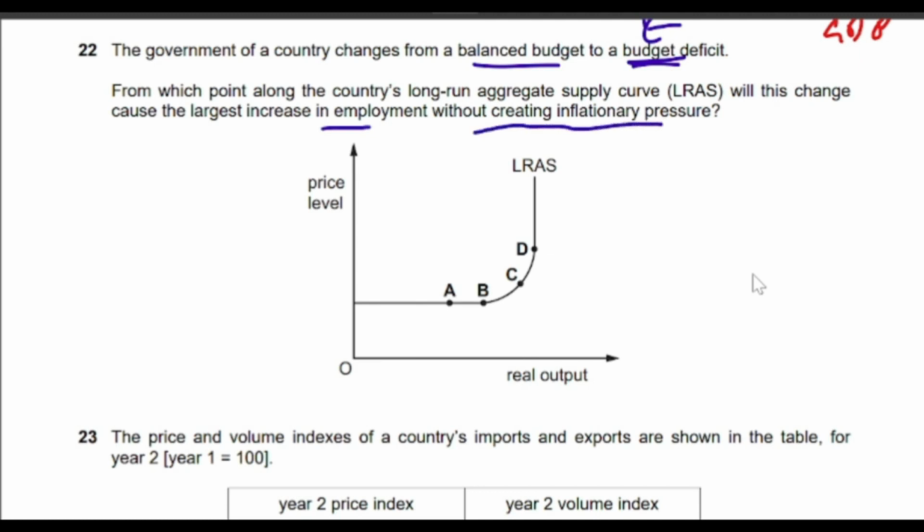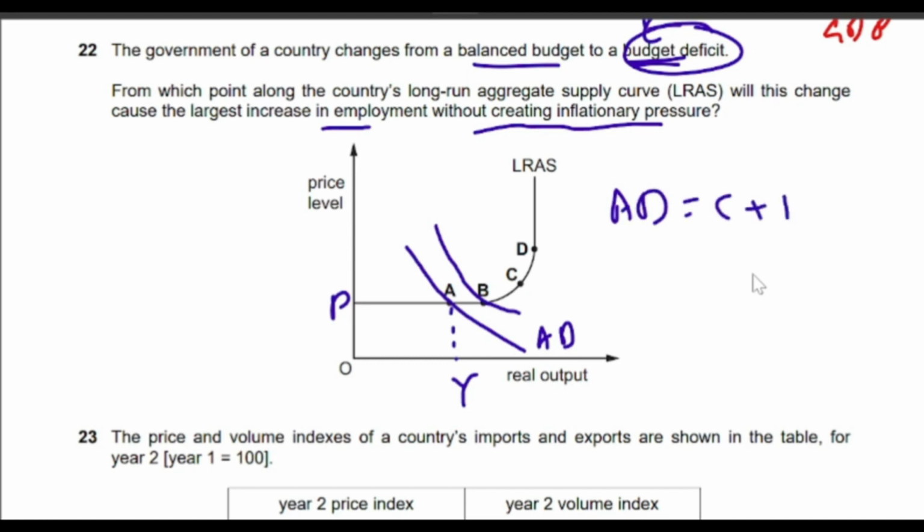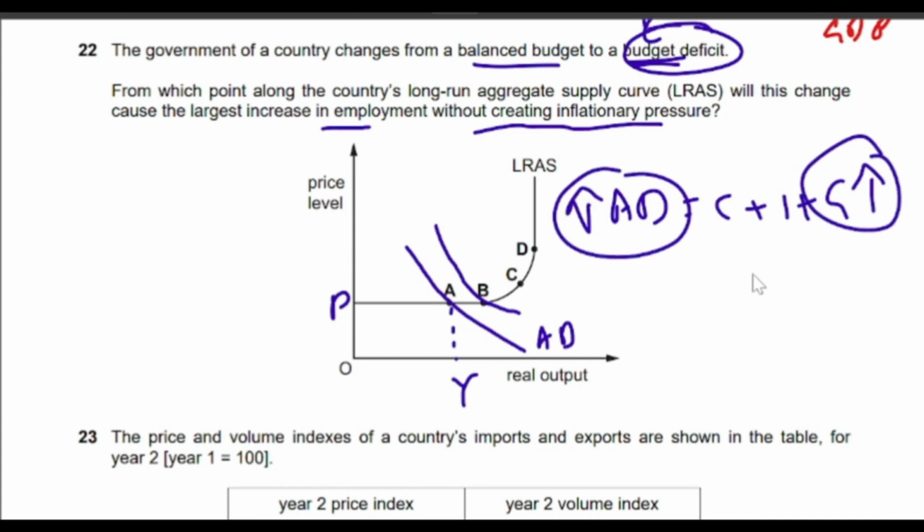So option A is correct answer for this, because if initially at point A, let's suppose aggregate demand is this much, so real output will be Y and price level is P here. And now if there is increase in aggregate demand because of budget deficit, aggregate demand is basically C plus I plus G plus X minus M, and if G, which stands for government expenditure, increases, overall aggregate demand will increase and aggregate demand shifts to the right.